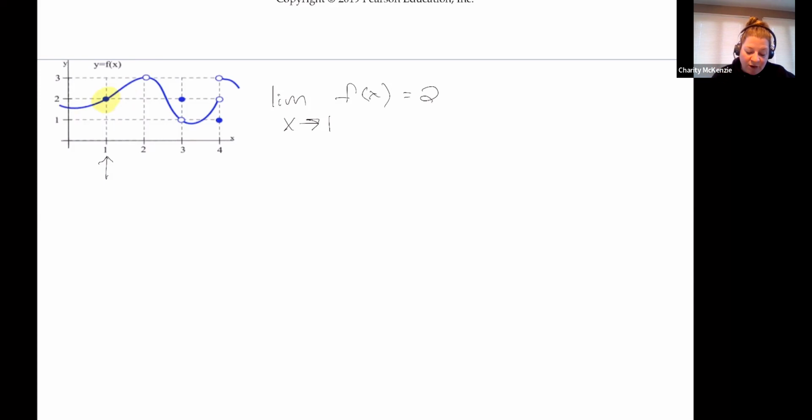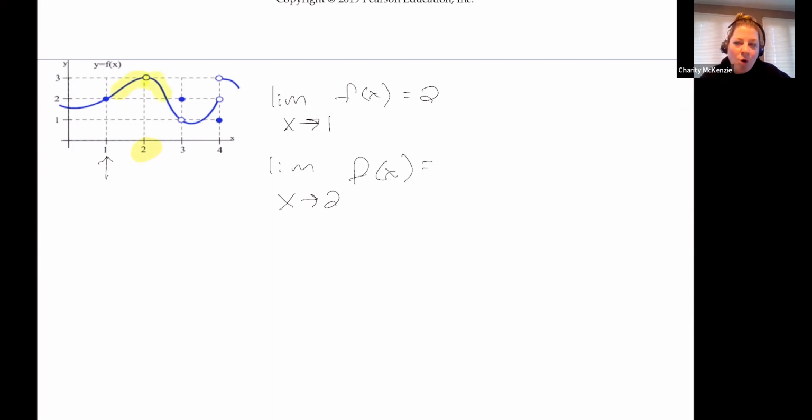Now let's move over to this next spot right here at this 2. So this one we would write as the limit as x approaches 2 of whatever this function is. Where is that headed? From this side, it's headed to that 3, and from this side, it's still headed to 3.